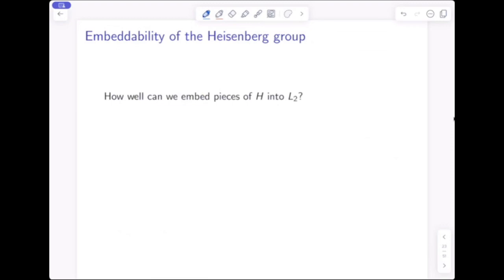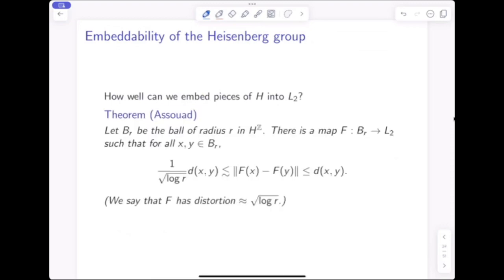So let's let B sub r be the ball of radius r in the lattice. That's roughly the lattice points with x coordinate between minus r and r, y coordinate between minus r and r, z coordinate between minus r squared and r squared. This is a ball with about r to the fourth many points. That's finite. You can certainly draw a picture of a finite graph.